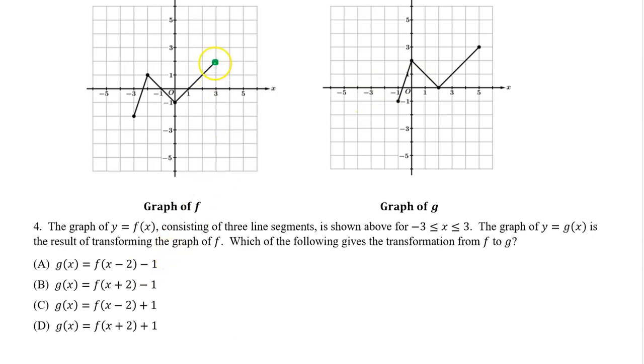Let's track what happens to the endpoint on the right, which begins at (3, 2). So (3, 2) is right here. But that endpoint ends up right here. So that means it has a horizontal translation of 2 and a vertical translation of 1.